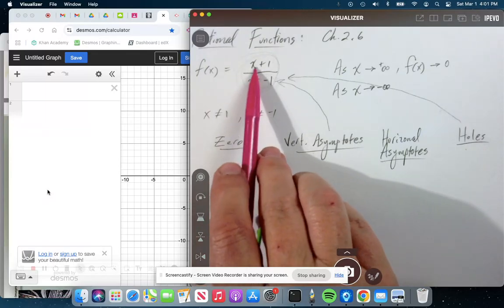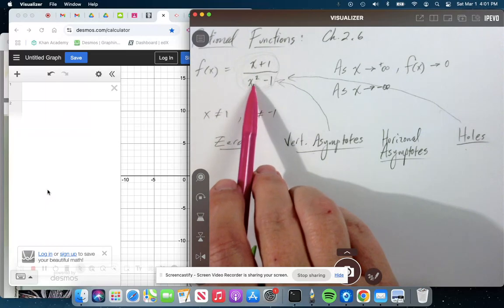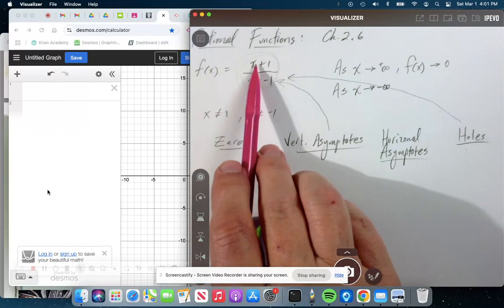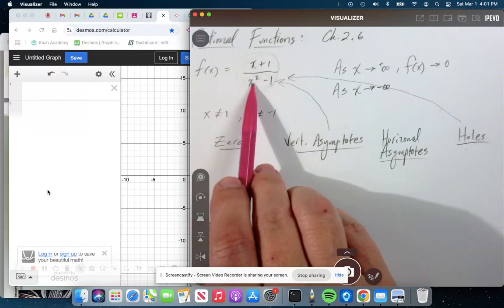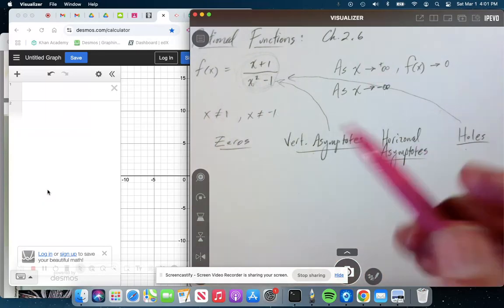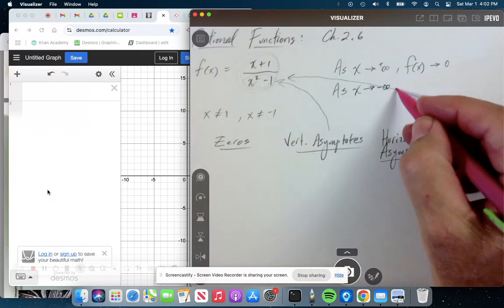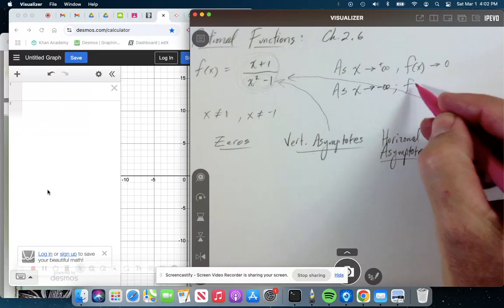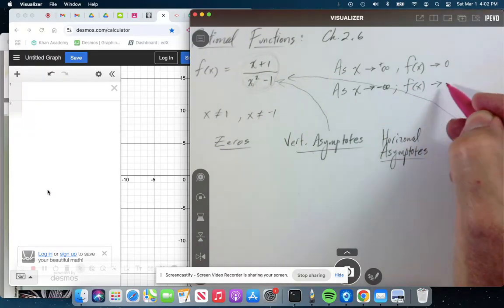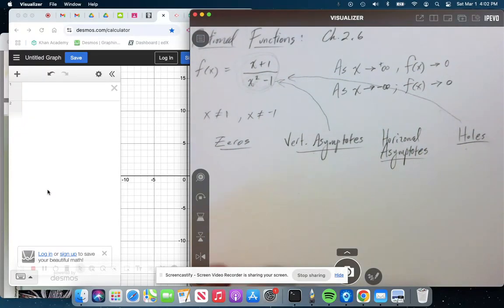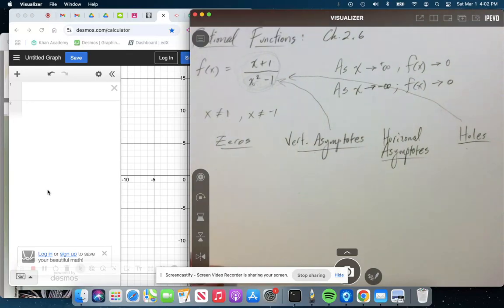The top will be negative. But the bottom is still going to grow faster. So you're going to end up with a small negative over a very big positive, which basically still goes to 0. But it goes to 0 in a different way, and we'll talk about that when we actually graph this thing. All right, so let's take a look at the graph, and let's talk about what we get.